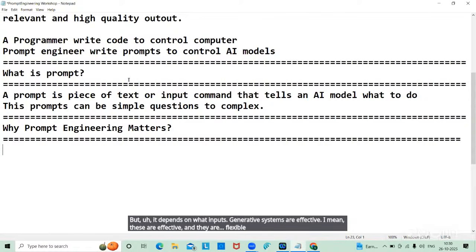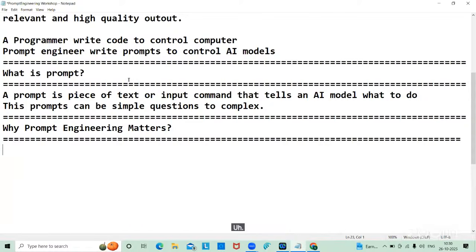What is generative AI? Somebody is asking this question. The name itself, right? Generative AI. It will generate a new text.